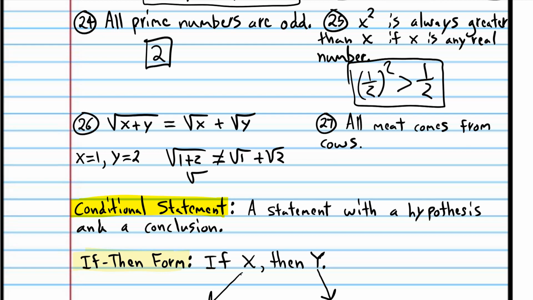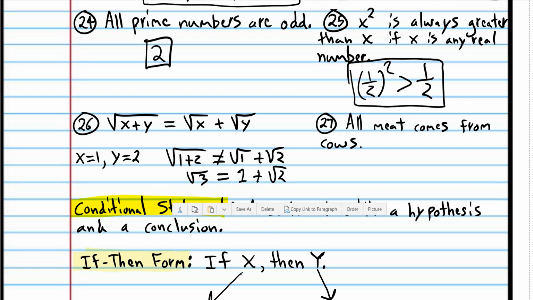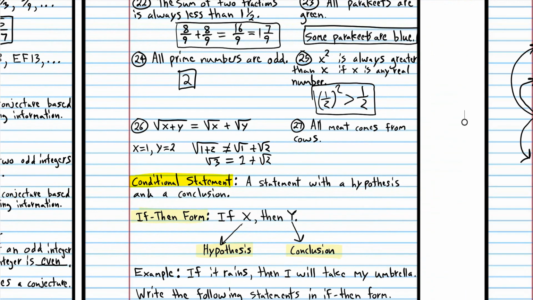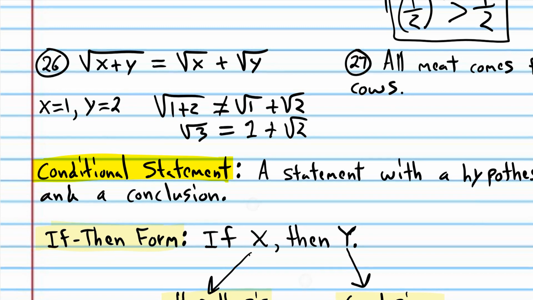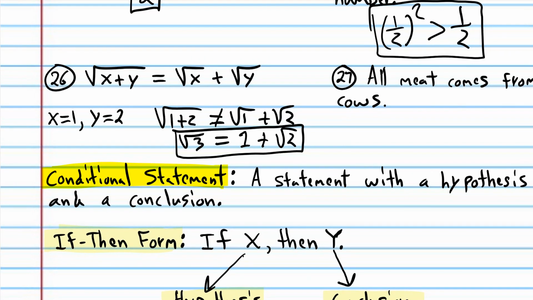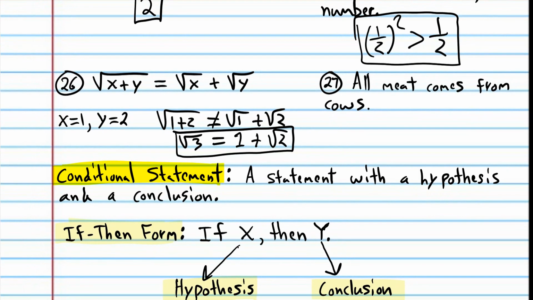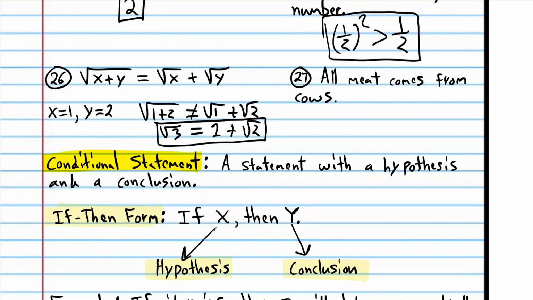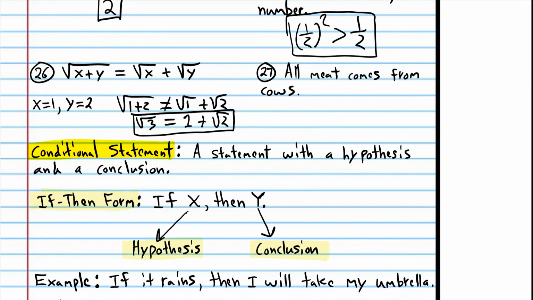Then we get square root 3 on one side. The square root of 1 is just 1, and square root 2 is whatever that is, but these are definitely not equal. If you actually plug these into the calculator, you'll see that they're not even close. So that's one example. You could use a lot of other examples too. But I just wanted to do that one with you so you could see how those work because we haven't done one of those yet.